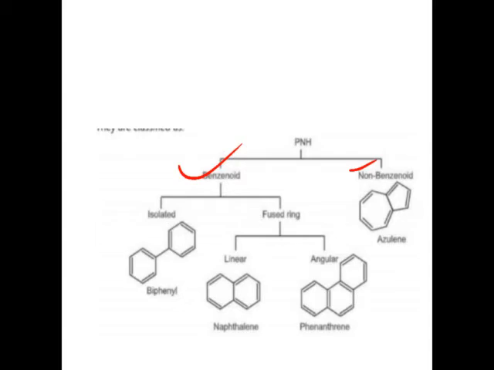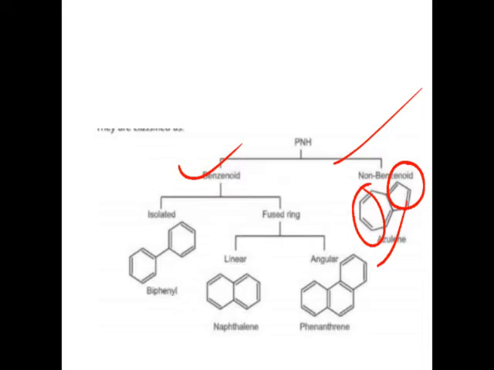If the compound consists of aromatic rings other than benzene, so there is absence of benzene, such polynuclear hydrocarbons are called non-benzenoid. This is an example of non-benzenoid. You can find here a 5-member ring and a 7-member ring, so there is an absence of a benzene ring. Azulene is an example of a non-benzenoid polynuclear hydrocarbon.